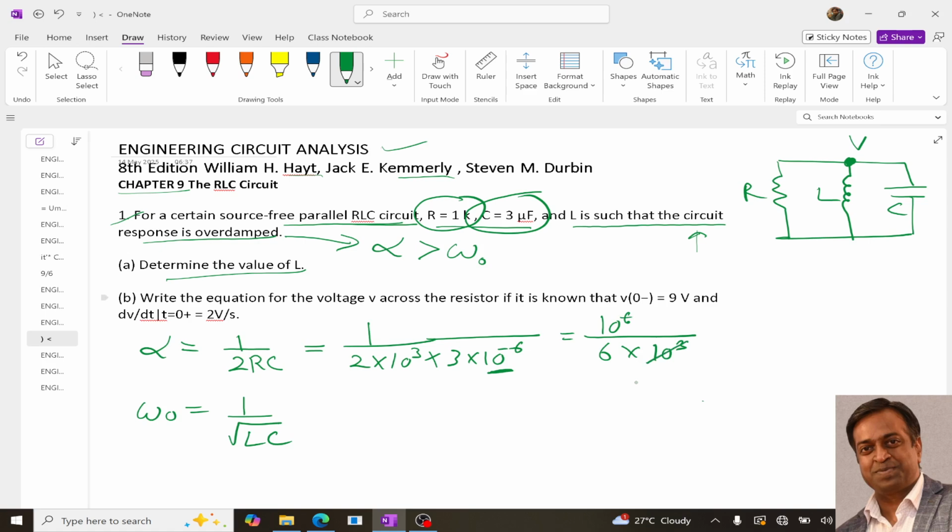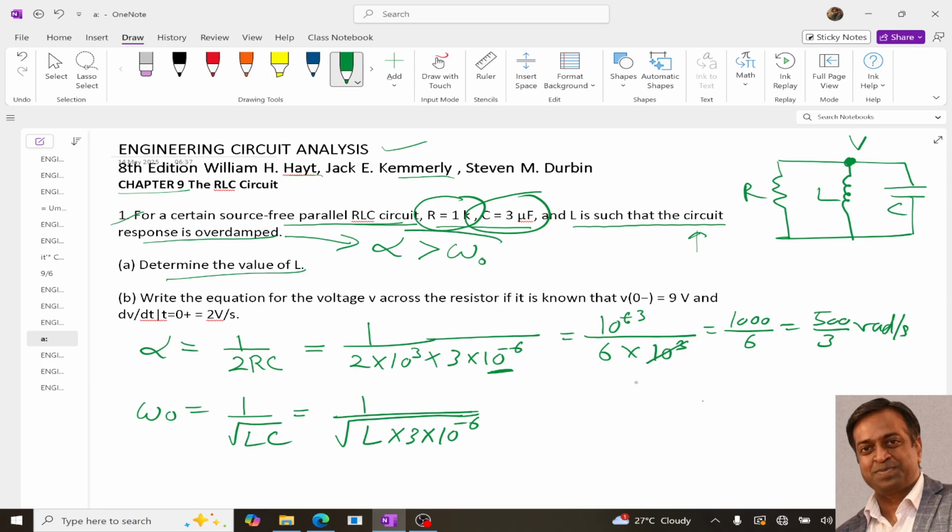This and this will cancel out, so we get 1000 upon 6, so it is 500 by 3 radian per second. Now omega naught is 1 upon root LC. L we do not know, and C is 3 into 10 power minus 6.